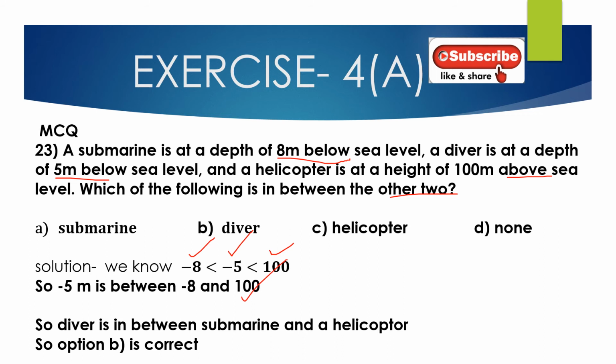So the diver is in between the submarine and the helicopter. The diver is represented by minus 5, which is between the submarine, 8 meter below sea level, so minus 8, and the helicopter at a height of 100 meter above sea level, represented by positive 100.